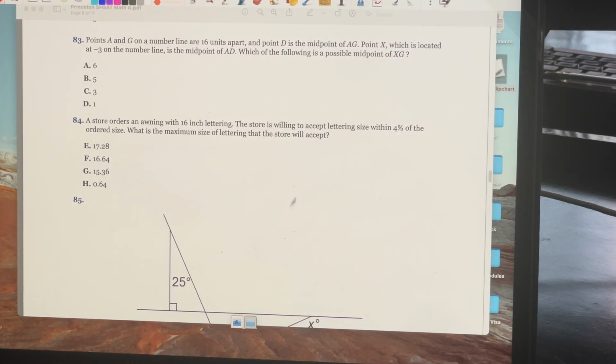Okay, so you order an awning with 16-inch letters. So you want your letters to be quite big. And you're making the letter H or whatever letters your customer asks for, and you want them to be 16 inches. It has to be 16 inches.